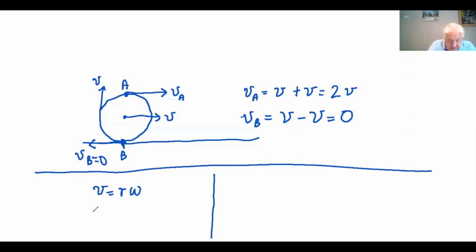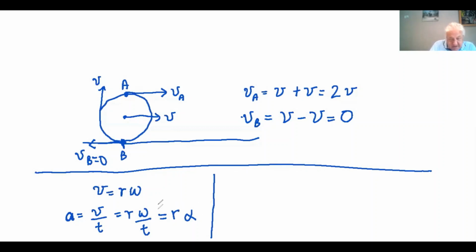So the acceleration of the center of mass is going to be a equals v over t, which is r omega over t. So this just equals r alpha. So my acceleration of the center of mass is equal to r alpha.